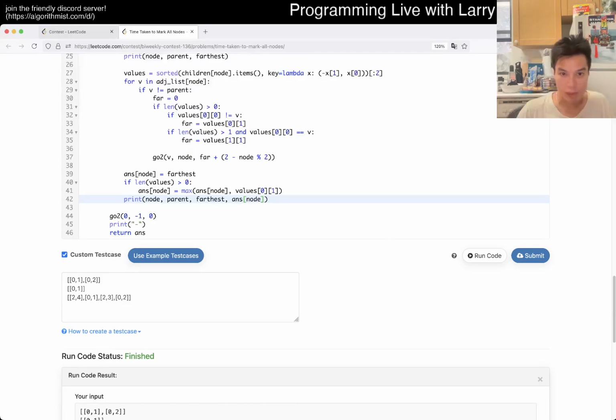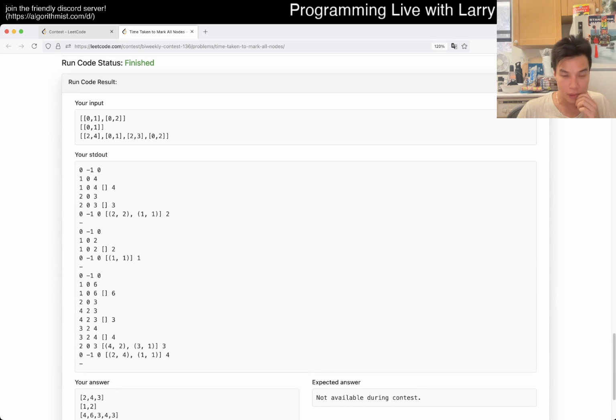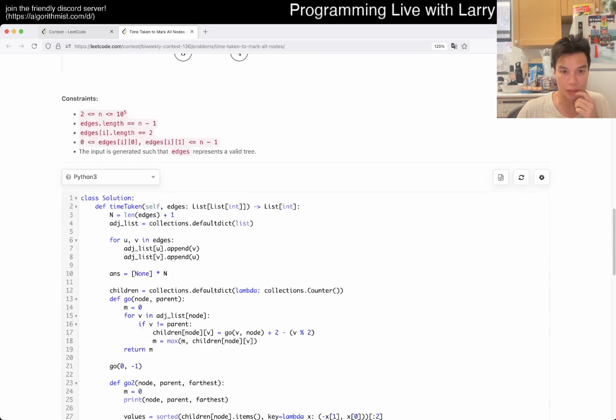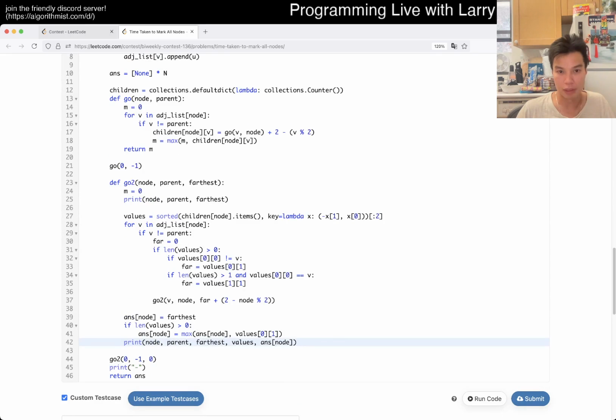Why? Tell me why. There's no child, that makes sense. So why is it 3? Oh, I see. It has to be the 4. It has to be from that branch as well. Okay, fine, that makes sense actually.